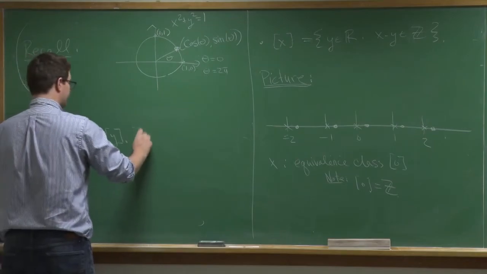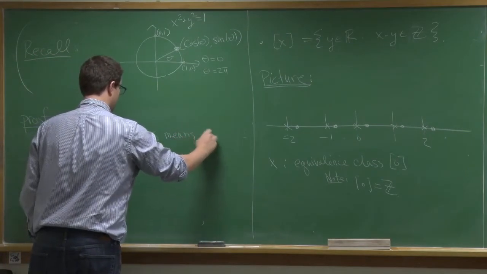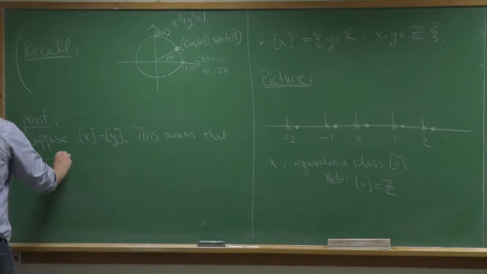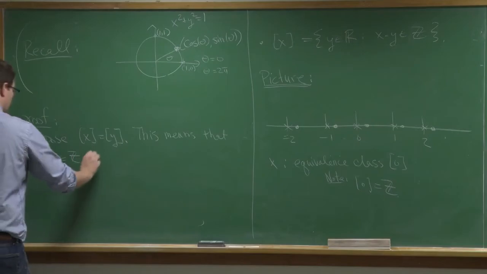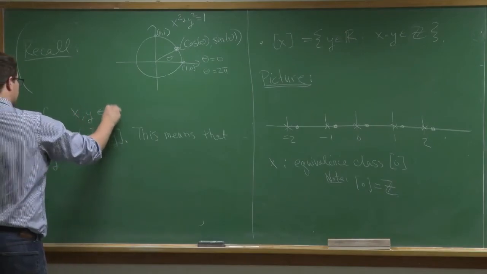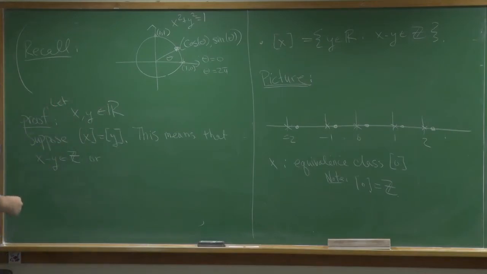This means that x minus y is an element of Z. Here x and y are real numbers, and we're supposing that they're equivalent real numbers.